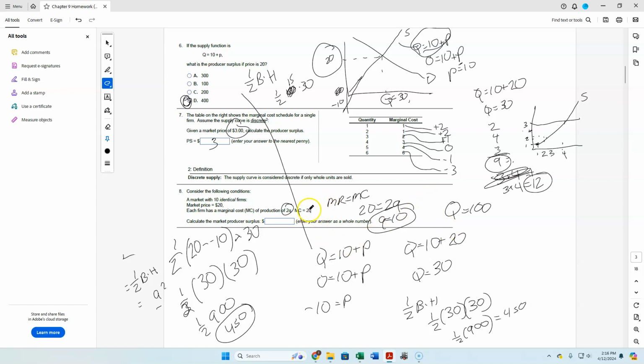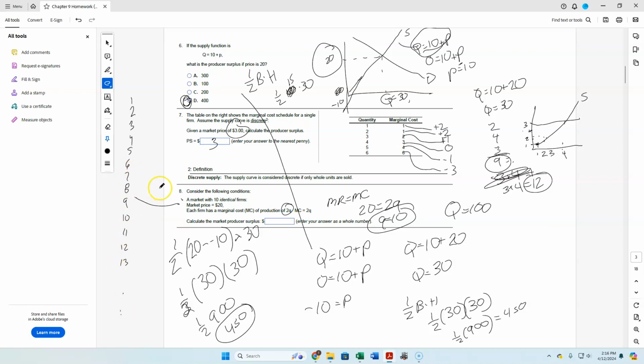That would mean that for each firm that's producing, you would have to sum this up for 1 through 20. I'm not going to go through all those steps here, but as you understand at least the theory, you would create a table where you would go 1 through 20, and so on and so forth.